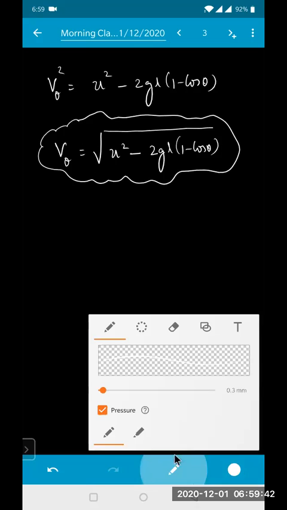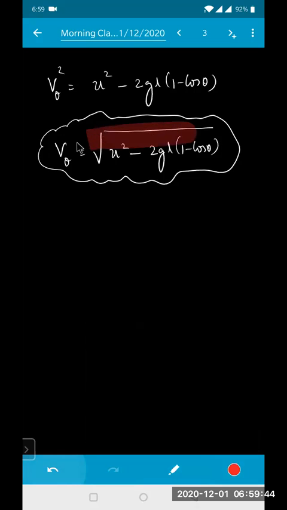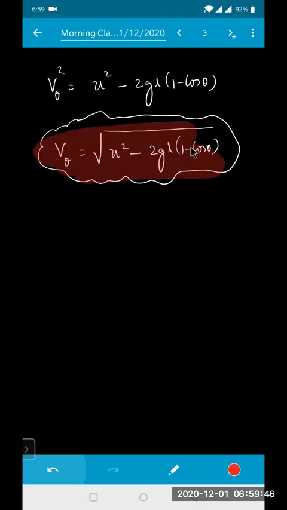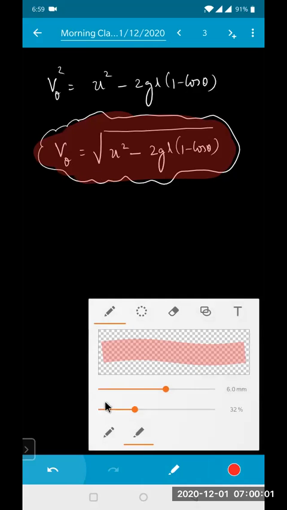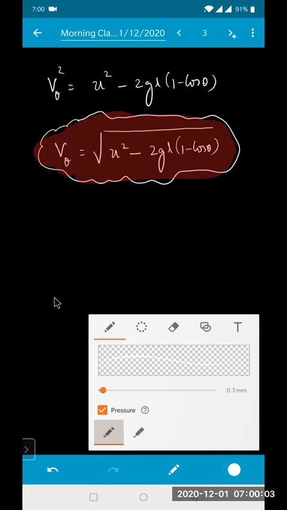Clear? This is your velocity part. So velocity at any angle theta is calculated by the formula v theta equals square root of u squared minus 2gL into (1 minus cos theta). At 0 degrees, 30 degrees, or 60 degrees, you can directly use this formula and get the answer.